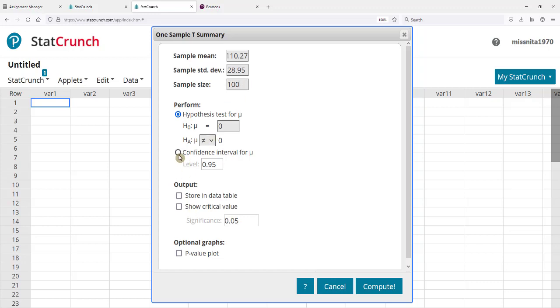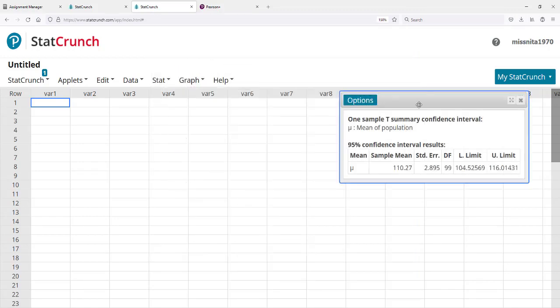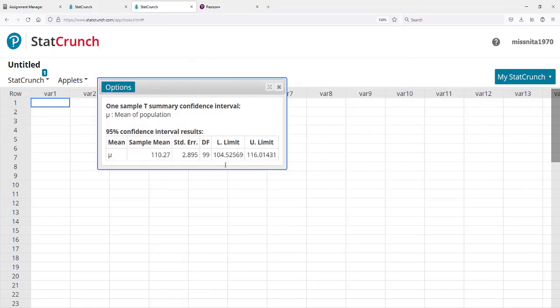If you click where it says confidence interval for mu, you can put in your confidence level. By default, this is 0.95, but you can have other confidence levels, like 0.9 or 0.99. Whatever it says in the problem, that's what you put here. Then we hit compute, and we get our lower limit and our upper limit. That's the same thing that we got when we calculated by hand.